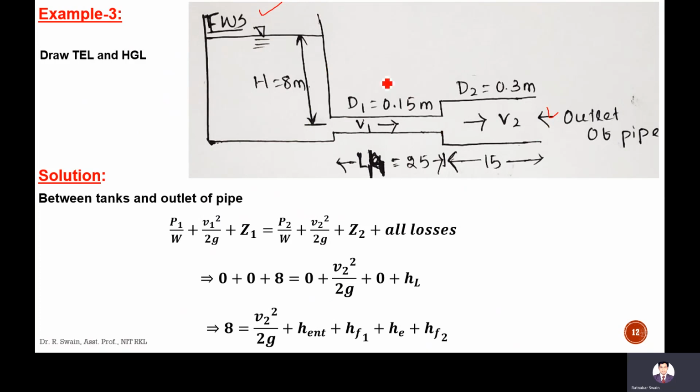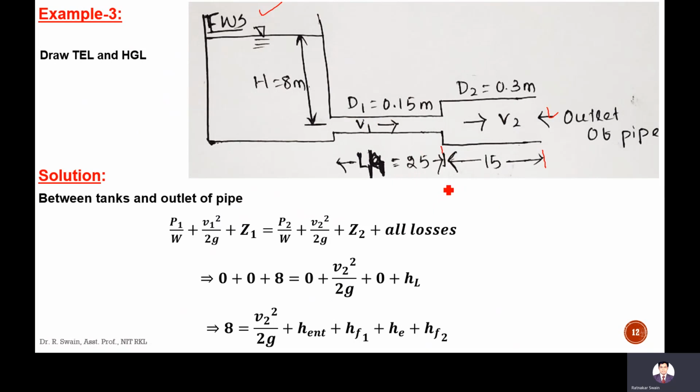The depth of water in the tank is given as 8 meter. D1 of this pipe is given as 0.15 meter, and D2 of this pipe is 0.3 meter. The length of pipe 1 is given as 25 meter, and the length of pipe 2 is 15 meter. So here we have to draw the TEL and HGL, total energy line and hydraulic gradient line.